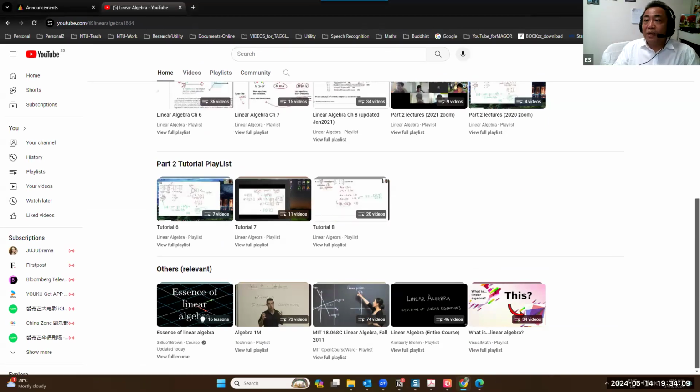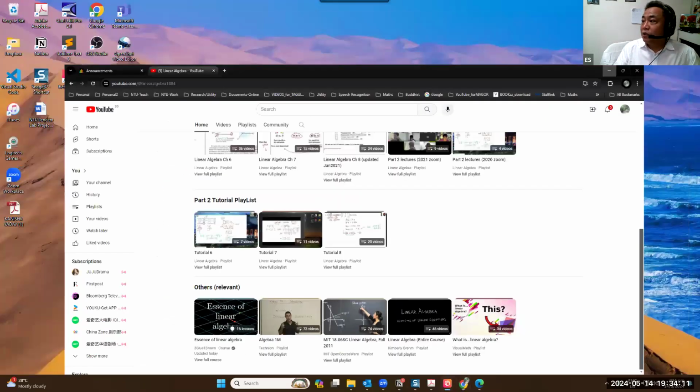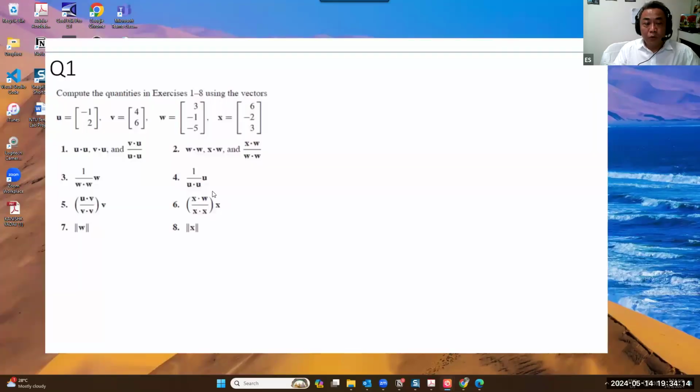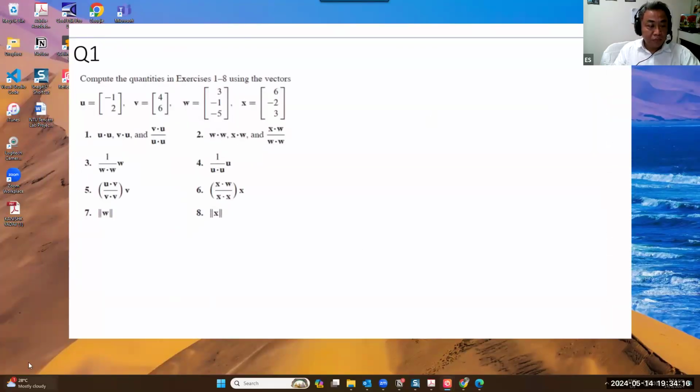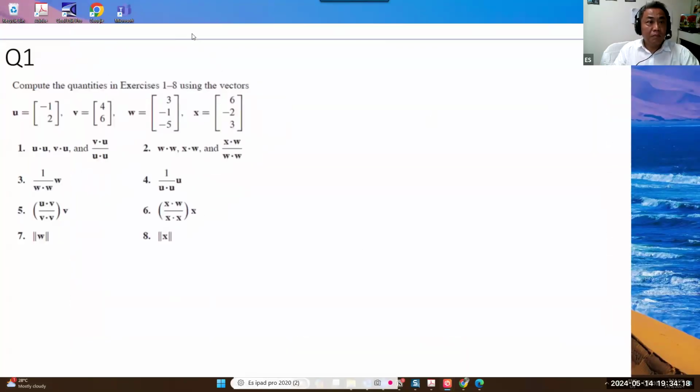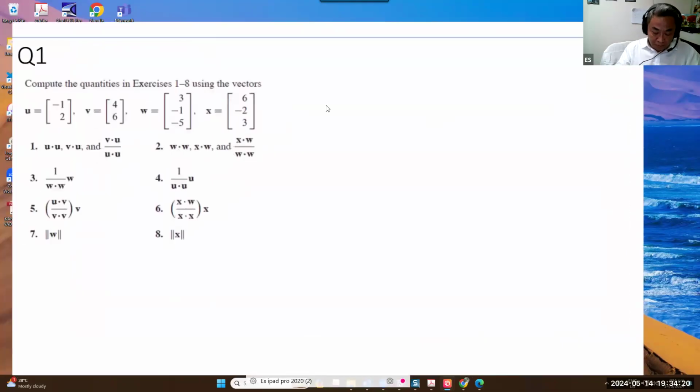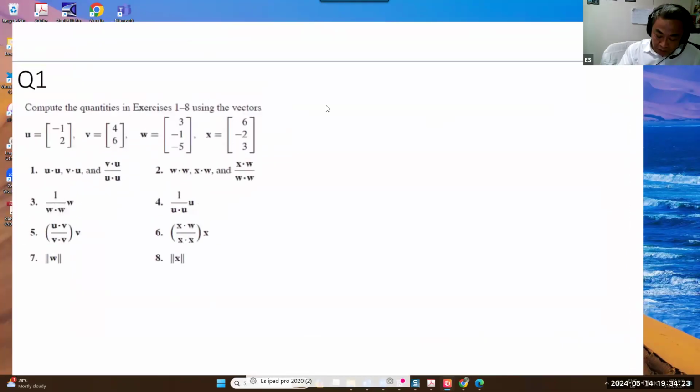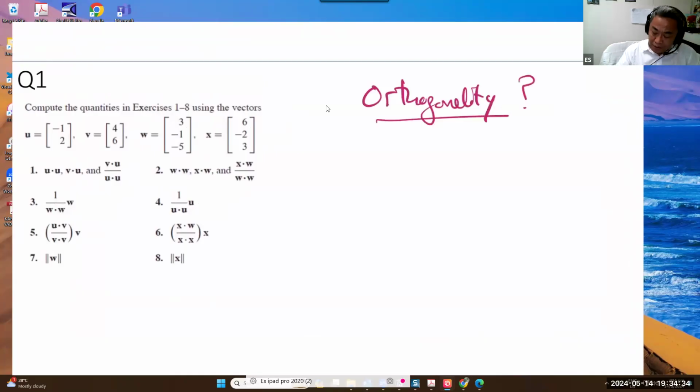Okay, so with that, what I'm going to do now is go to orthogonality. And what is orthogonality? Basically, when we have a vector here, let's call this vector u, and then we have another vector here, v.